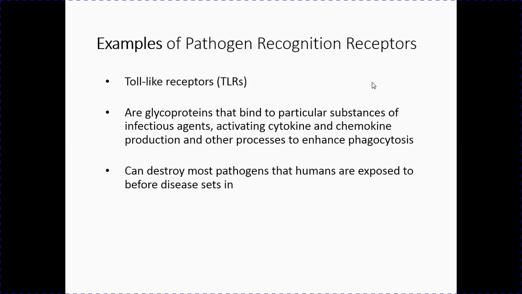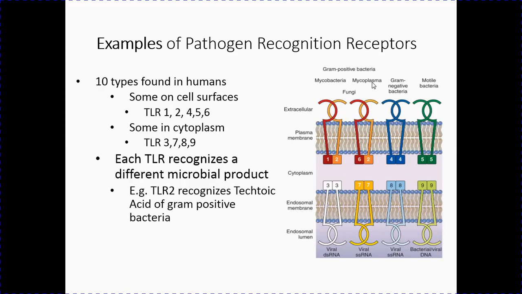The greatest concentration of toll-like receptors are on monocytes, macrophages, and again, as I said, neutrophils and dendritic cells. I think that's all I care to say about this slide right now.